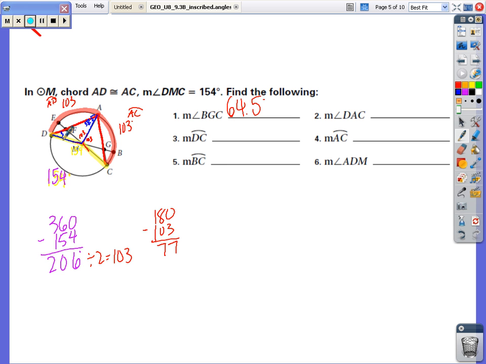I know that this one is 38.5, and I know that this one is 38.5. Alright, so I'm going to do some other things. Angle DAC is 38.5 and 38.5, so I'm going to fill in this one first, 70 degrees.